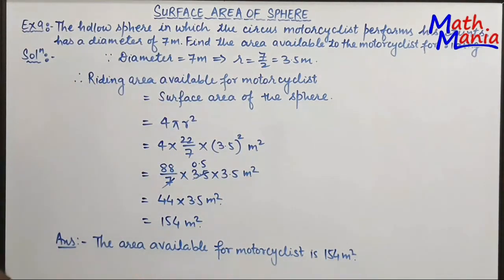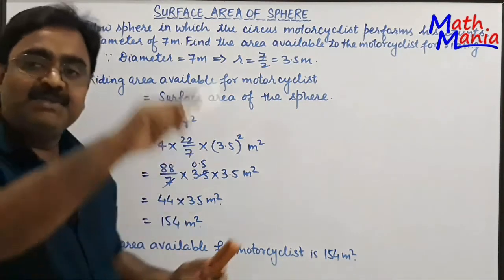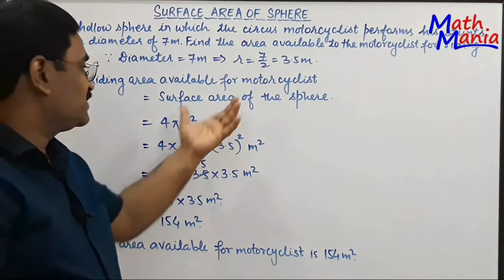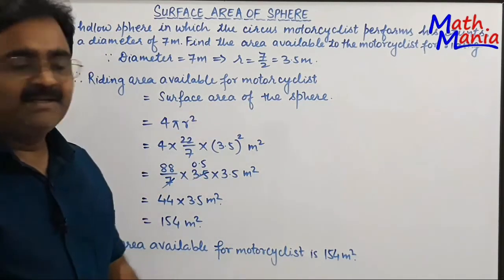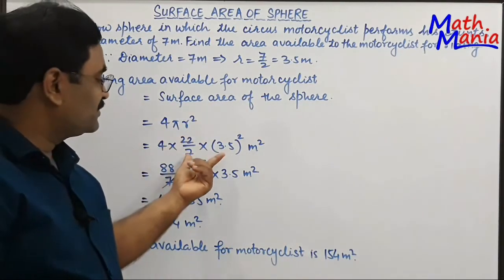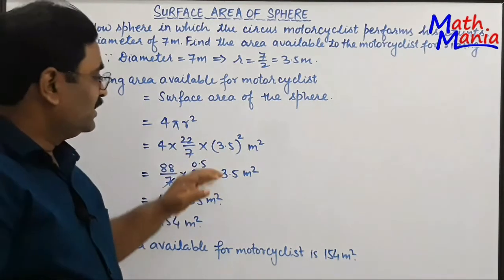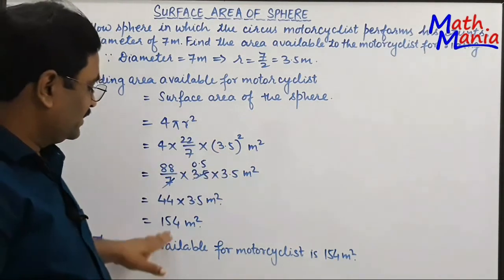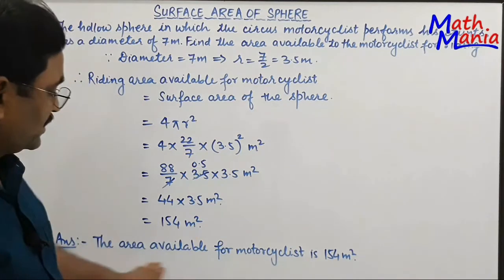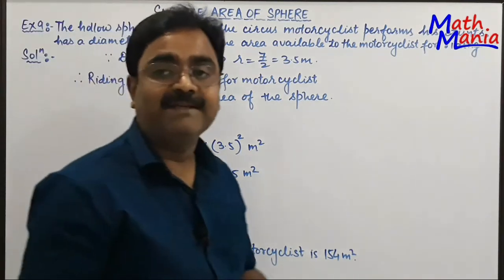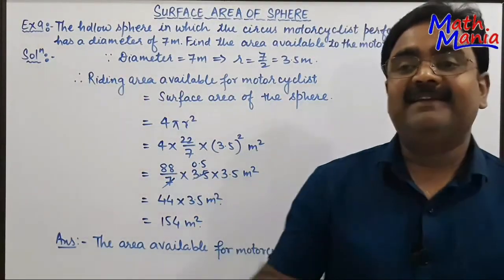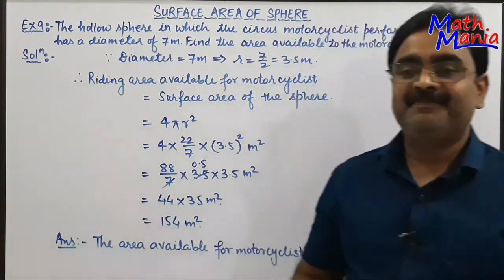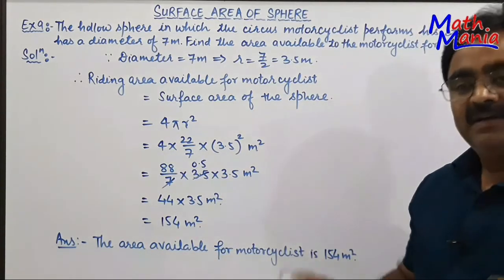Right friends? So the available area is the surface area of the sphere, and the surface area of the sphere is 4 pi r square. In this formula we have substituted the value of pi and the radius. We will get 154 meters square is the area available for that motorcyclist, that he can ride in that much area. Okay friends, understood it easily?